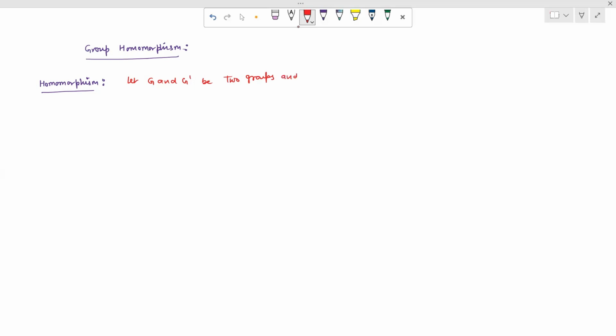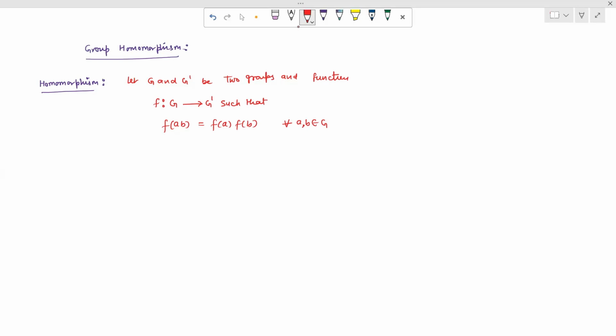And we have a function f, a mapping from G to G dash, such that f of AB is equal to f of A into f of B for every A and B belonging to G.